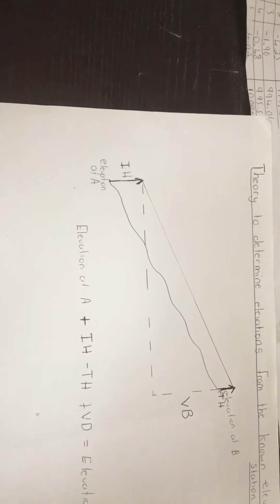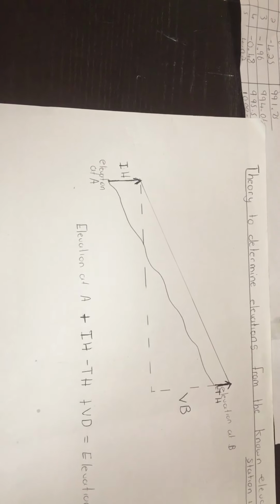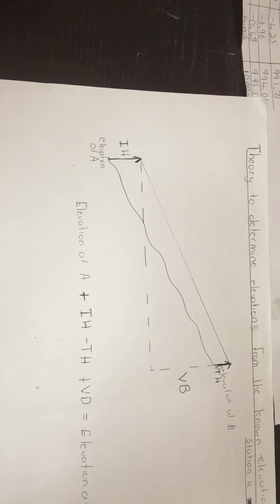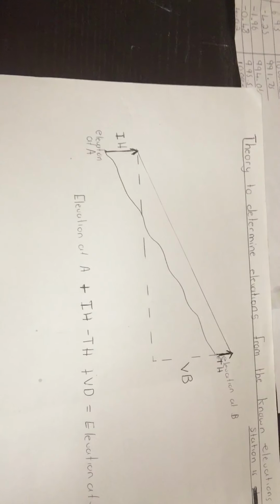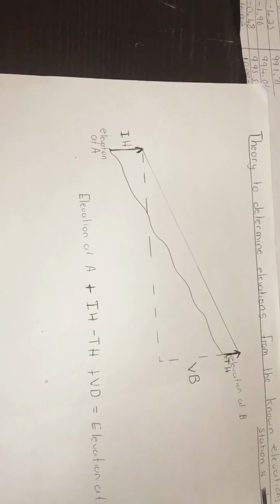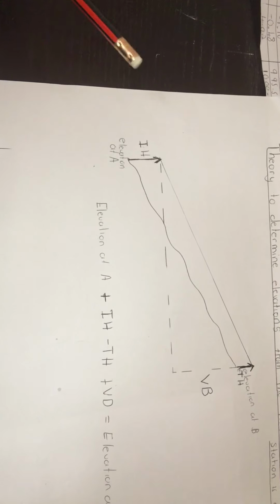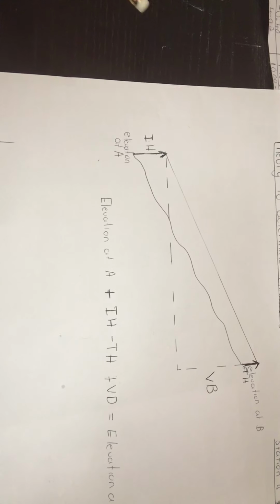In order for you to determine the elevation at B, you'll need your instrument height, which is IH, your target height, which is TH, your vertical distance, which is VD, and your elevation of the station, which you always know, to determine the elevation at the other point. So that you can understand how you determine your elevations.